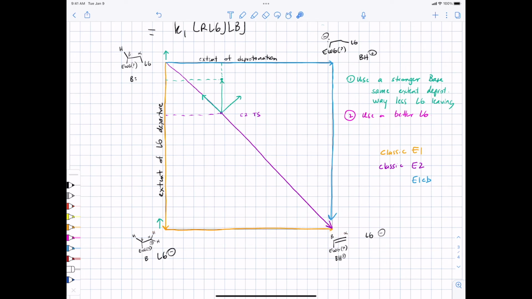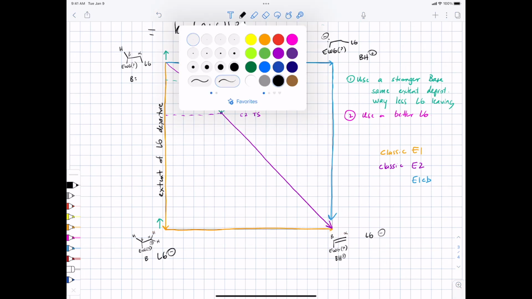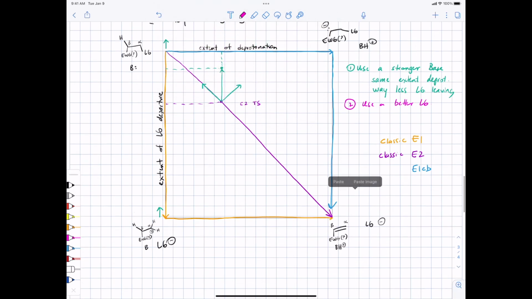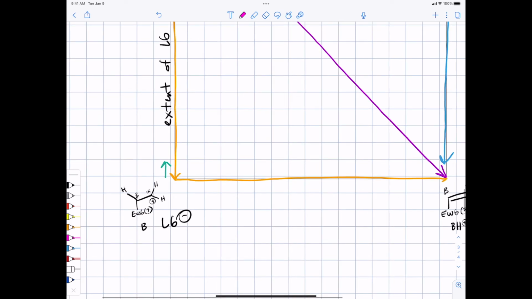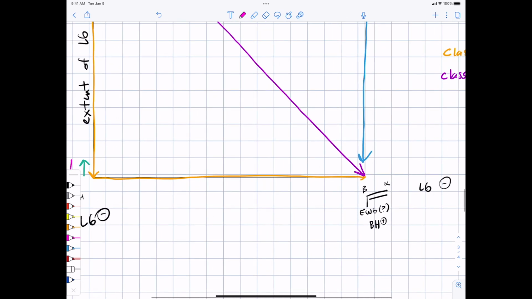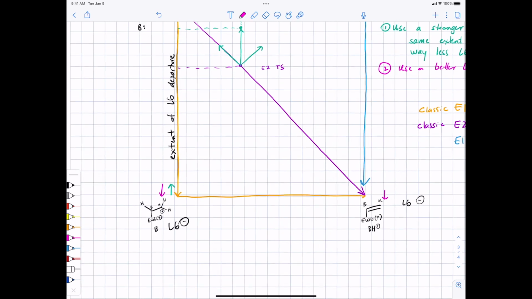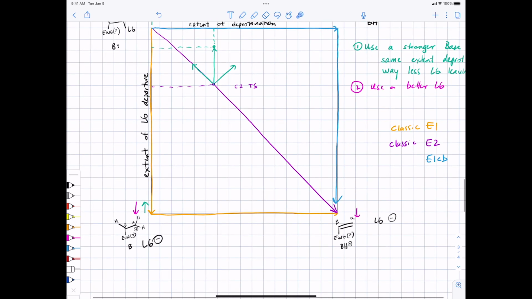Sorry about that. So if we make it easier for the leaving group to leave, that's the same as taking this corner and moving it down in energy, stabilizing things, right? All right. So if we lower the energy of this diagonal corner, that's going to have, again, the Hammond effect.